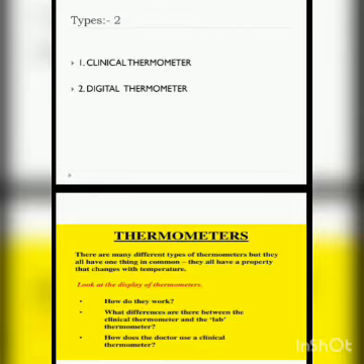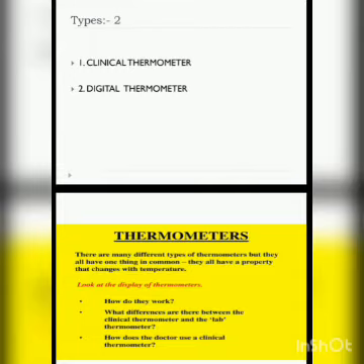Both are made of glass, but they have different uses. The laboratory and clinical thermometers also have some similarities. Both have long, narrow and uniform glass tubes.